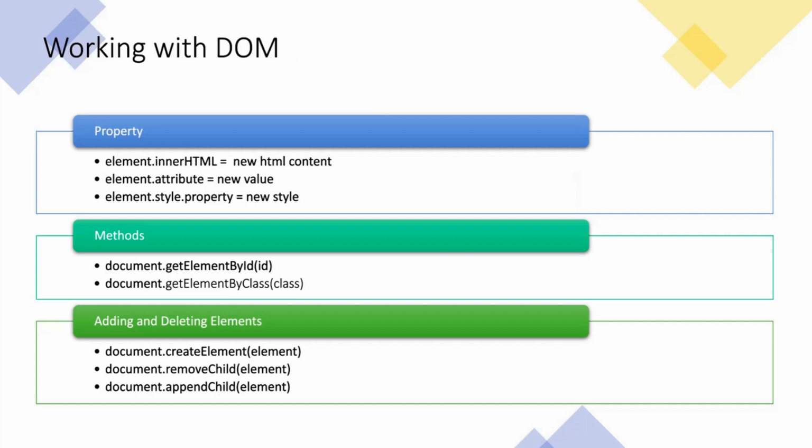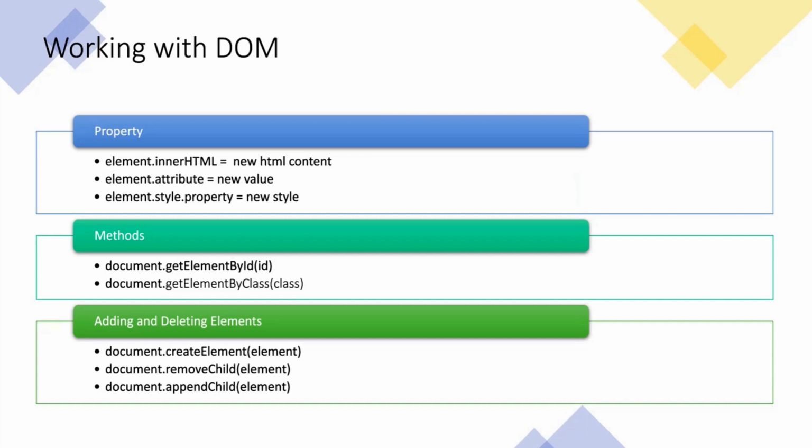Methods in the DOM are ways to search for elements in a web page. Document is the whole HTML document, and in that we want to search for some element. We can do this by using the getElementById method, or we can use the getElementByClass method.